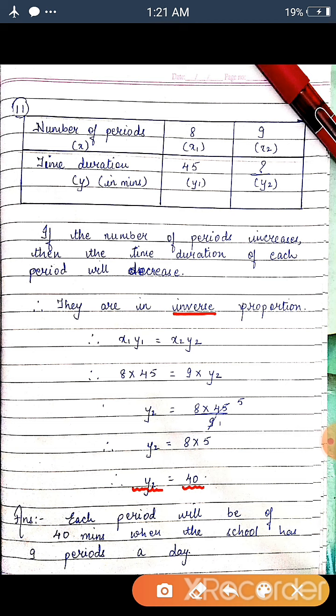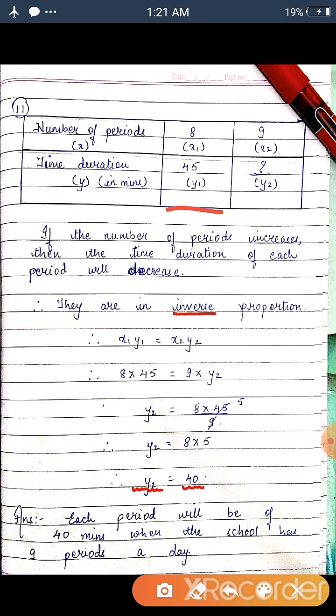So we consider the number of periods as x and the time duration of each period as y, which is in minutes. So for 8 periods, it takes 45 minutes each period. So x1 will be 8 and y1 will be 45.